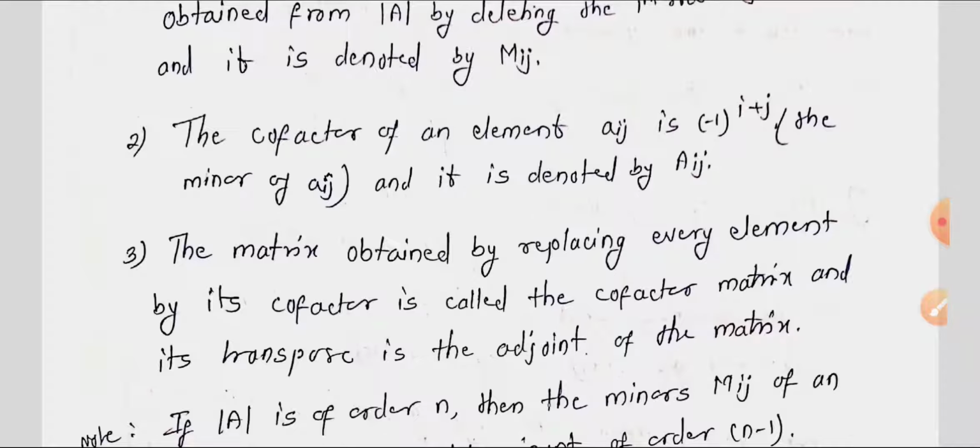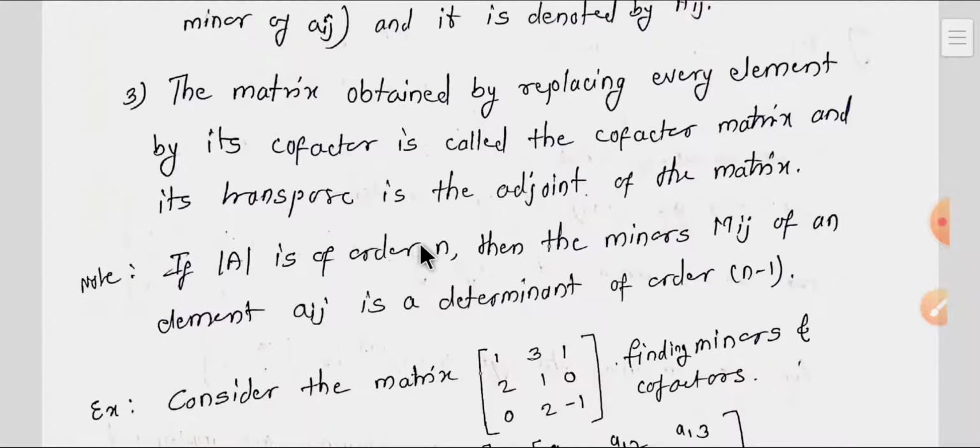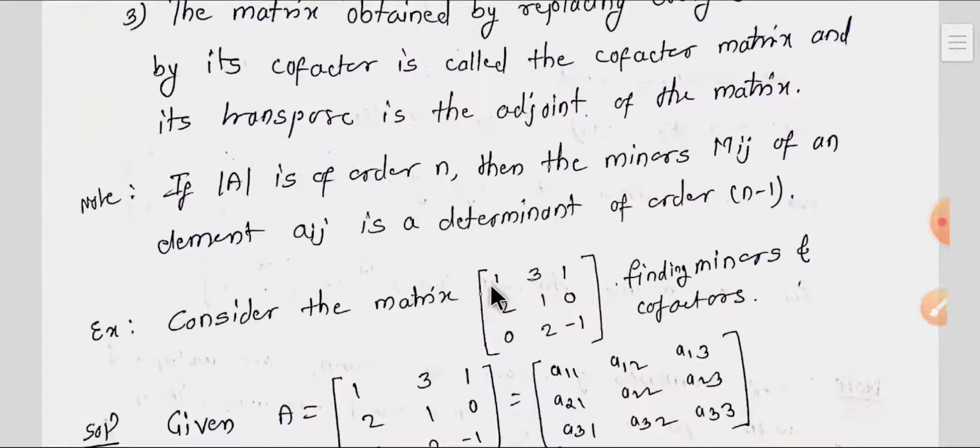Means, from the given matrix A, we find the cofactor matrix. Cofactor matrix means every element is replaced by its cofactor, and the matrix we get is called the cofactor matrix, and its transpose gives the adjoint of the matrix. For example, consider this matrix.